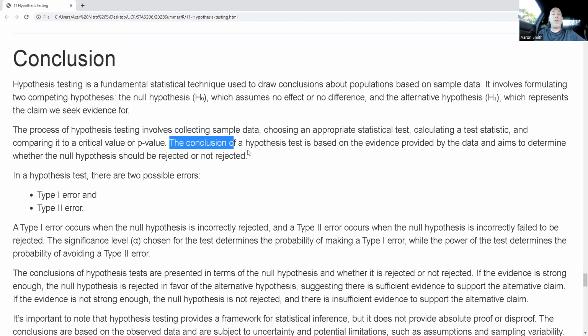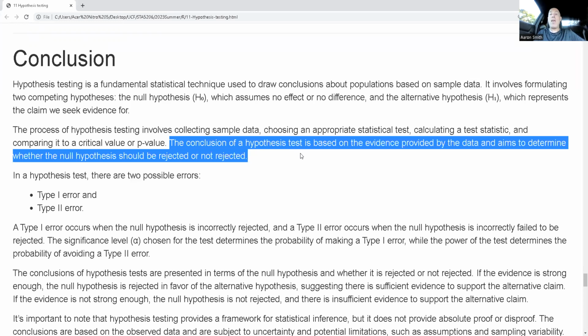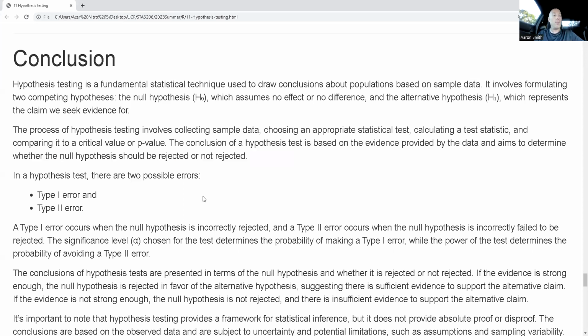The conclusion of a hypothesis test is based on the evidence provided by the data and aims to determine whether the null hypothesis should be rejected or not rejected. And so when I make a mistake, there are two possible errors, a type 1 error and a type 2 error. The type 1 error, the null hypothesis is correct but was rejected.